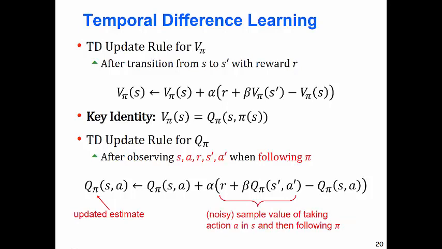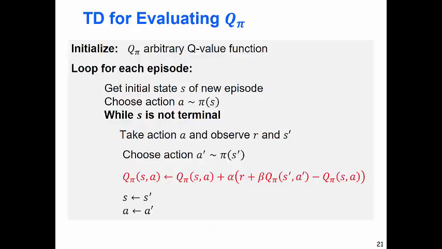And again, this is just a noisy sample of the Q function. All right, so you're going to choose this, and we're going to be sampling actions from the policy. That's another approximation here. So this is the adjustment to TD. Now, whenever you take an action A and observe R and S prime, you're going to do this update.